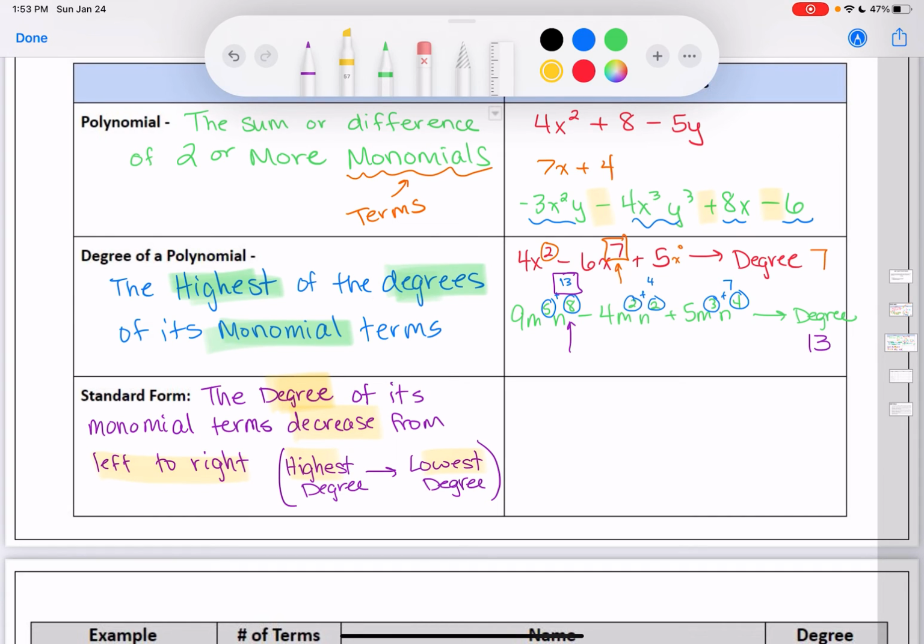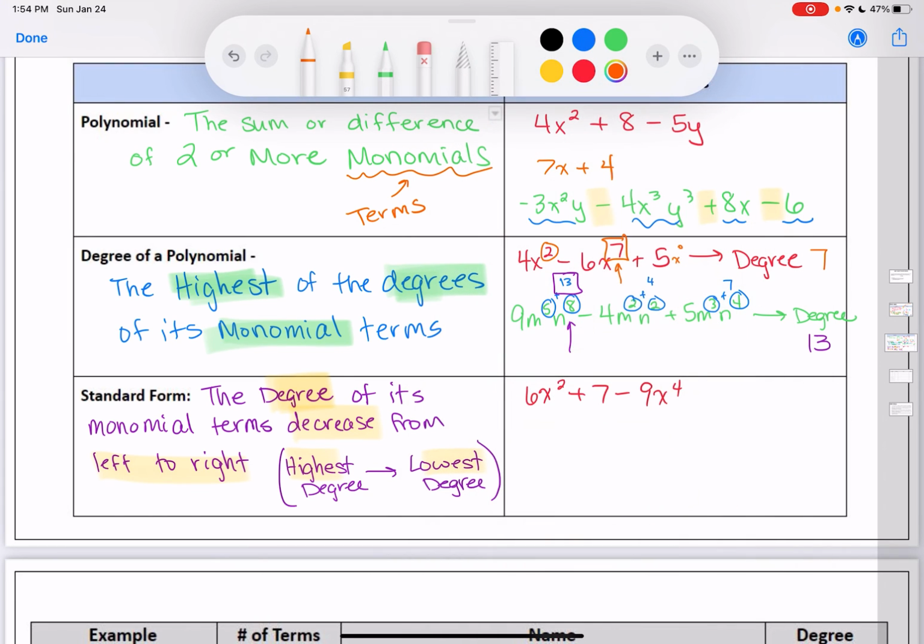So if you look back at my examples, I was not always writing in standard form, and it's because I wanted to talk about it here. So for example, if we started with 6x squared plus 7 minus 9x to the fourth, that is not in standard form.